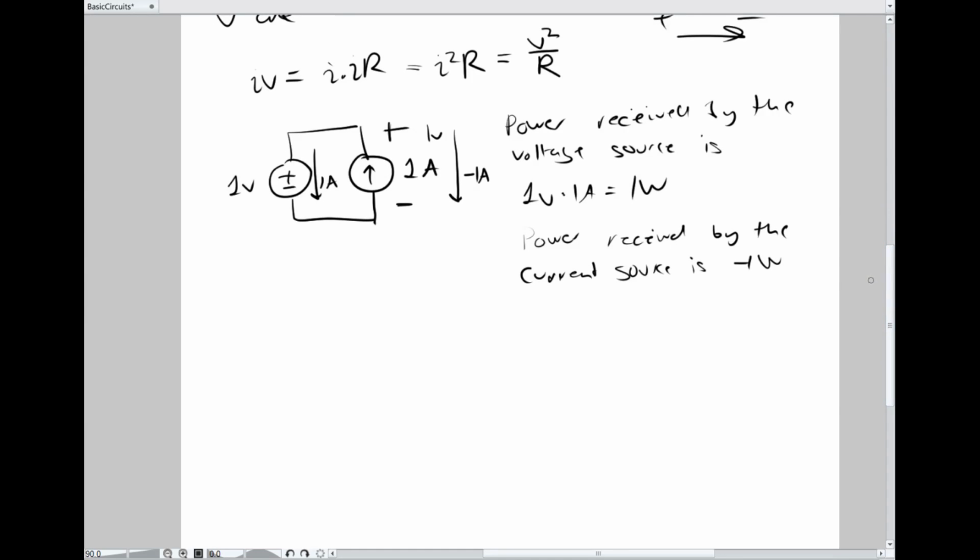Okay, now that we've defined what power is, we have a circuit checking technique involving power. That is, the sum over all elements of a circuit of power received, which is IV, all defined according to passive convention, is 0.